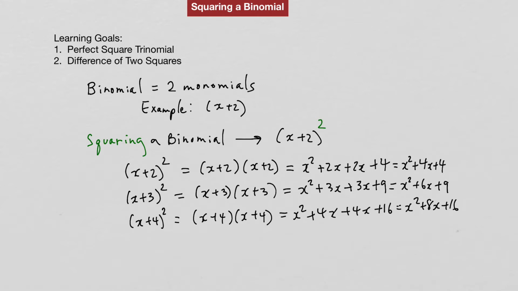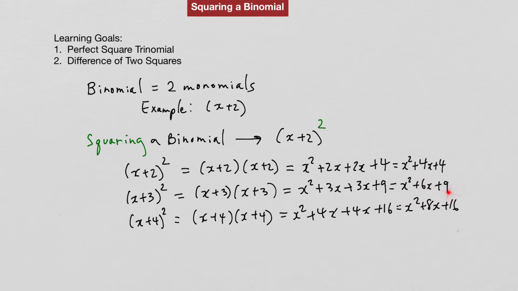Let's take a look at these results. We started out with x plus 2 squared, and we ended up with x squared plus 4x plus 4. Do you notice any patterns here? Let's take a look at the next one. We started out with x plus 3 quantity squared, and we landed with x squared plus 6x plus 9.